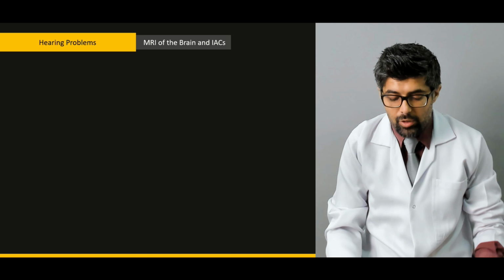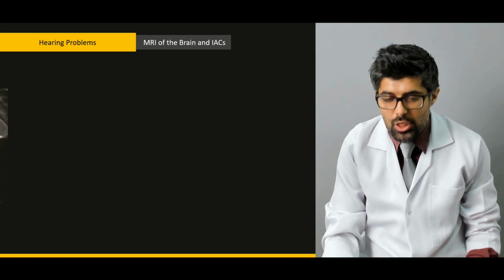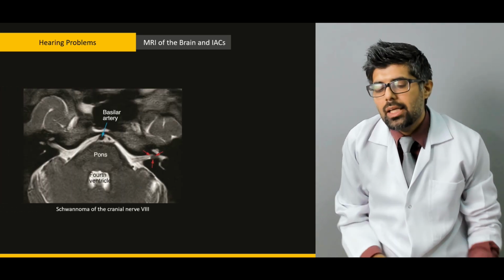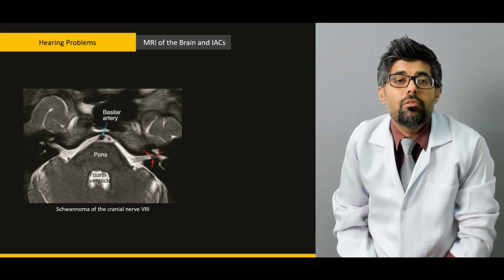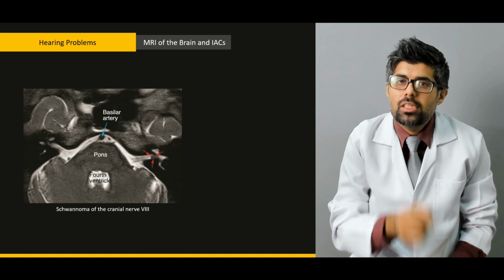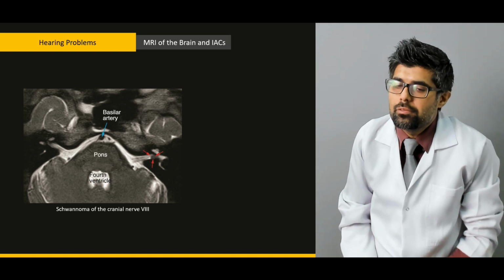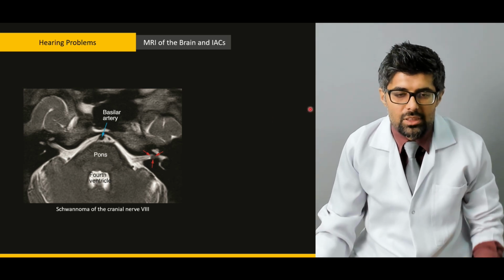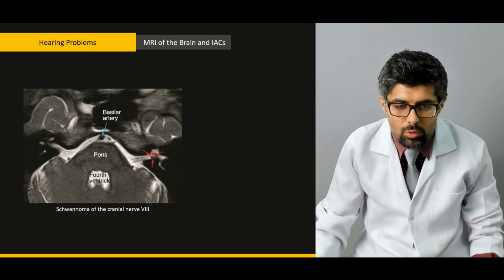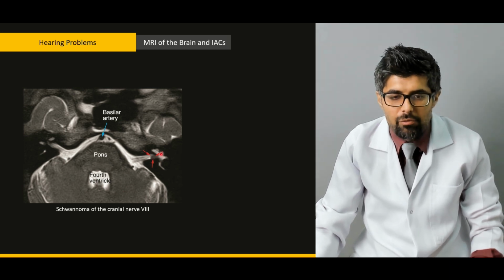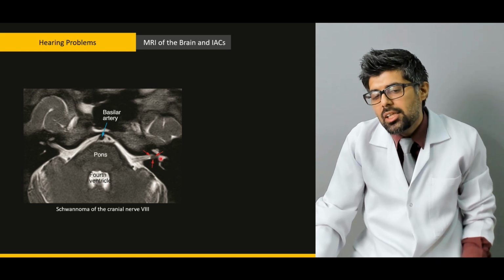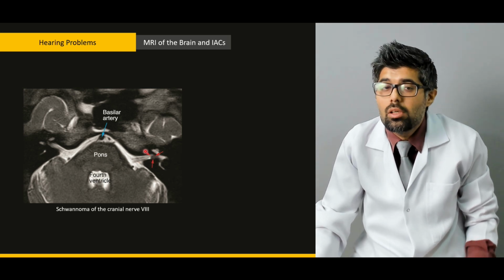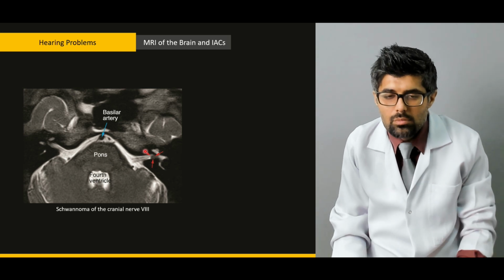Another way hearing loss can be imaged is through a particular tumor called a schwannoma of cranial nerve number 8, that is the vestibulocochlear nerve. Now here you can see that this nerve is enlarged, and because of this the patient is experiencing sensorineural hearing loss.